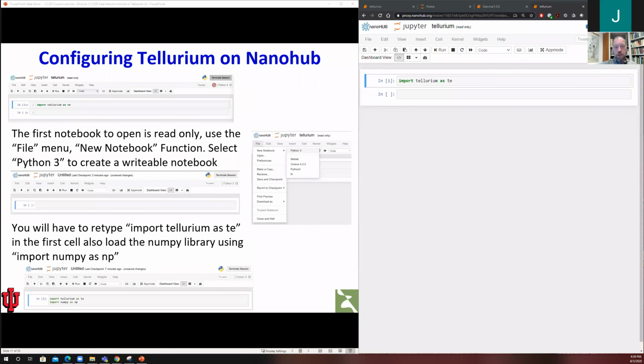Is somebody having a problem? Somebody said it's not working. You can also run Tellurium on your desktop if you prefer. I'll give people just another minute to launch. Everybody okay?